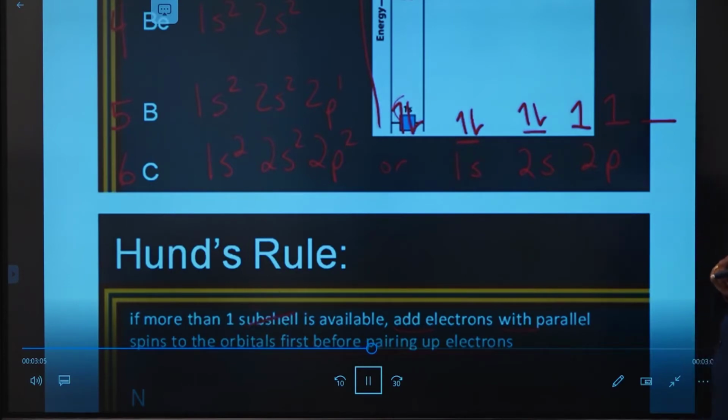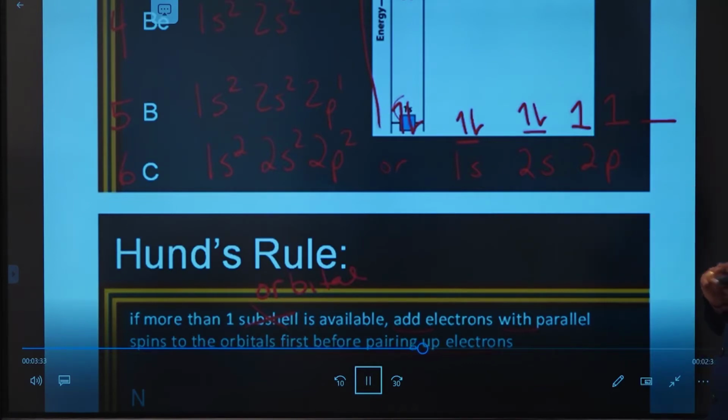And the next element is nitrogen. The nitrogen atomic number is 7. According to Hund's rule of maximum multiplicity, electrons do not pair until each orbital in a subshell has one electron.